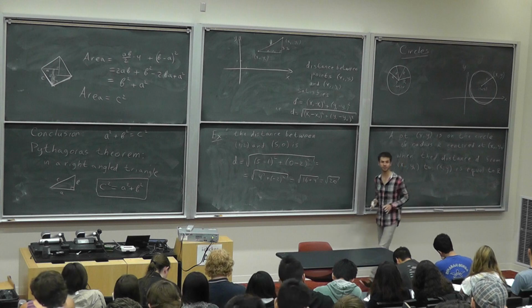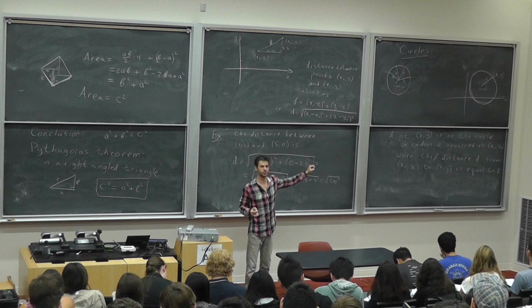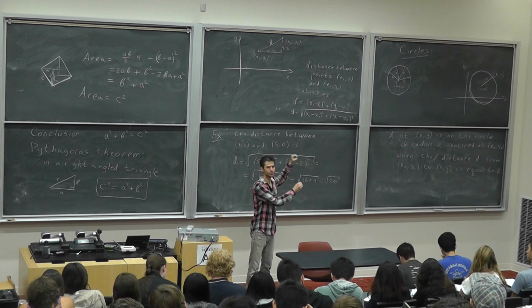For now I just wrote in words the geometric statement that the point lies on a circle when its distance from the center is equal to the radius.